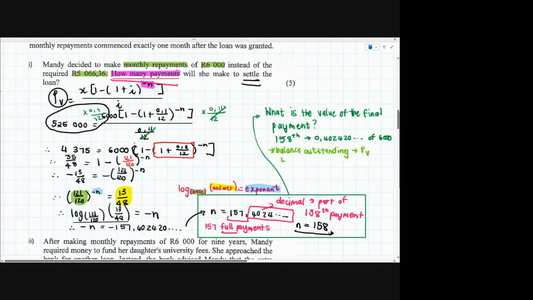And what I just want you to take note of is that when you are calculating a balance that is outstanding on your loan, your end value is the number of payments still to be made. And so in this case, the number of payments we still have to make is the 0.402088, blah, blah, blah.